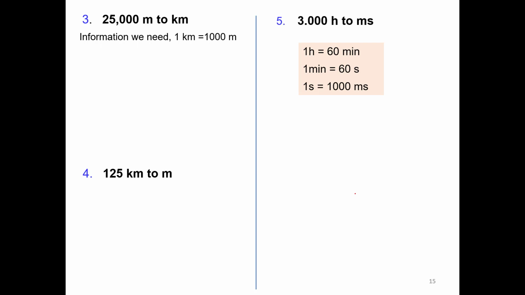Let's try number 3. Here we have one prefix, kilo, which means 1,000. So 1 kilometer equals 1,000 meters. Here we want to convert 25,000 meters to kilometers. Let's write first the number, 25,000.